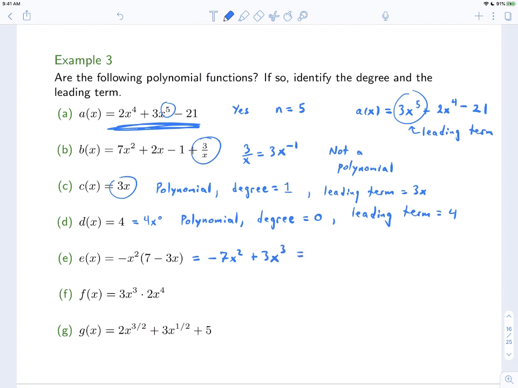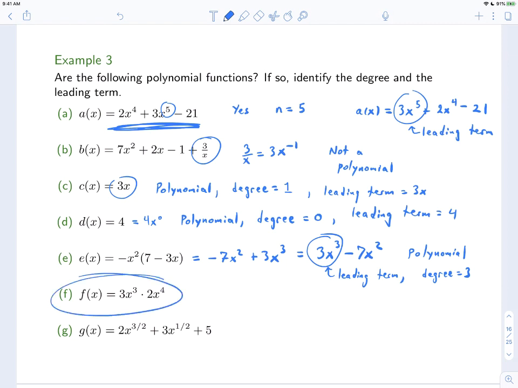Normally to write it in general form, we want the largest exponent first: 3x cubed minus 7x squared. So this is a polynomial. In this case, the degree is 3, and the leading term is 3x cubed.